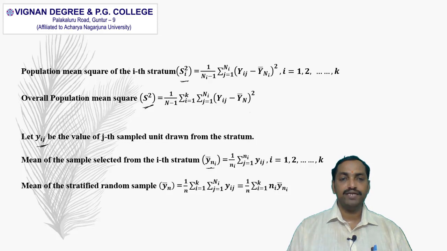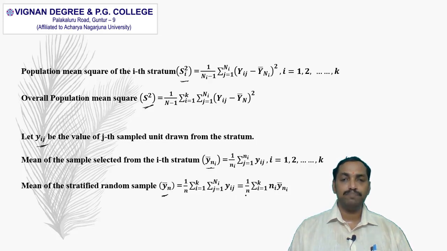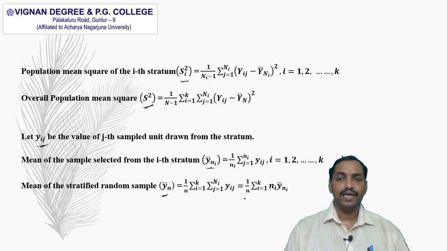Mean of the stratified random sample is denoted by y bar, which is equal to 1 by small n into double summation y_ij. It also can be written as 1 by n into summation i equal to 1 to k n_i into y_i bar, from the above equation of ith stratum sample mean.